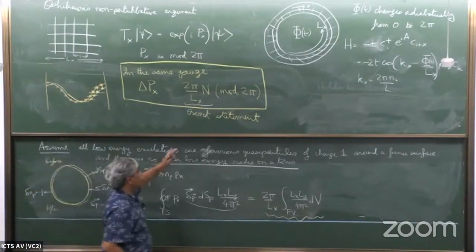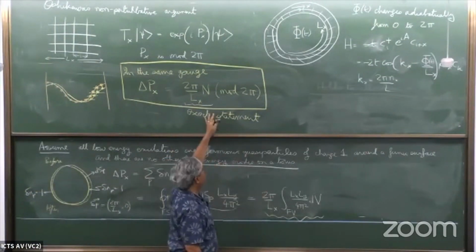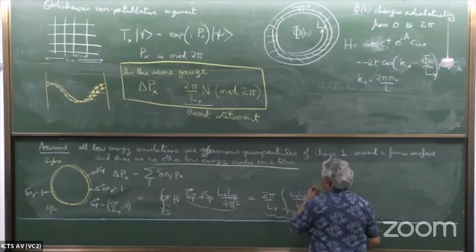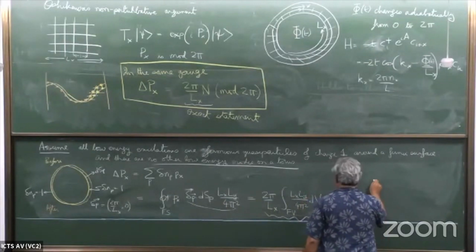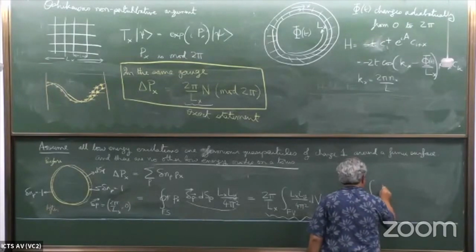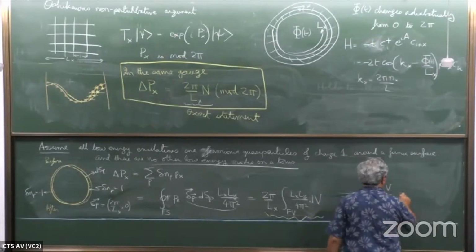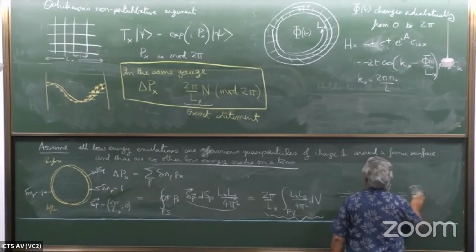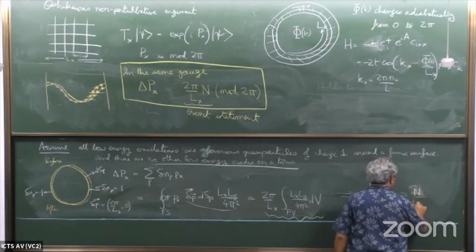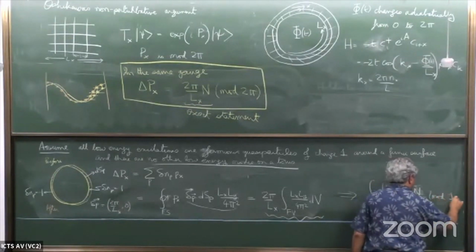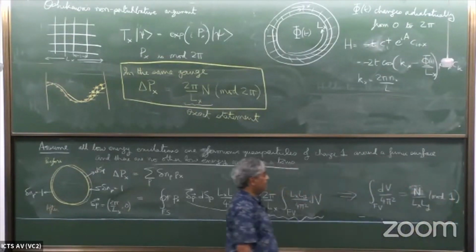And when you go through all of that, and you look at the generalization of these relations, you conclude, in fact, the correct relationship is that this Fermi volume integral dV over 4 pi squared is equal to n over Lx Ly, mod, in this case, mod 1, because there's no spin.